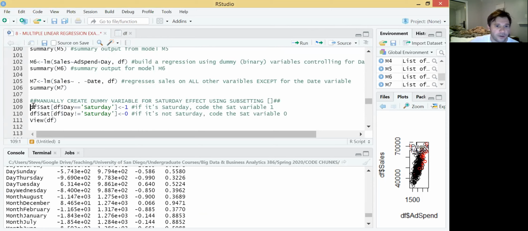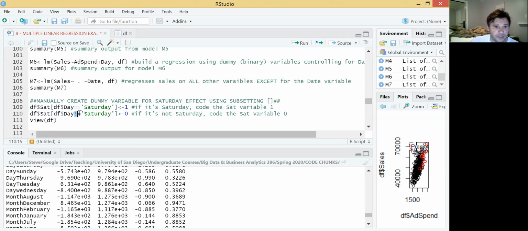So what we're going to do here is add a new variable to the data frame. I'm going to add a variable called sat. We're going to look at the subset of the data frame where the day is equal to Saturday, and if it is, we are going to store the value 1 in there. So if it's Saturday, code the sat variable equal to 1. Otherwise, code the sat variable equal to 0.